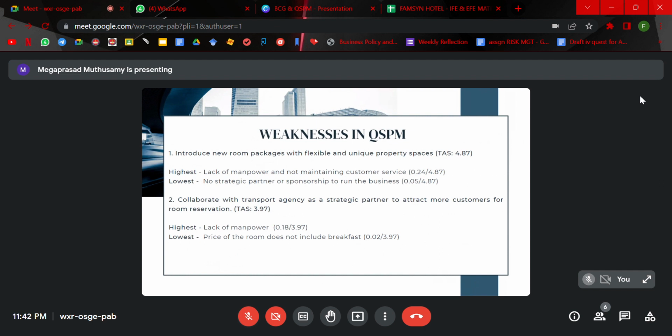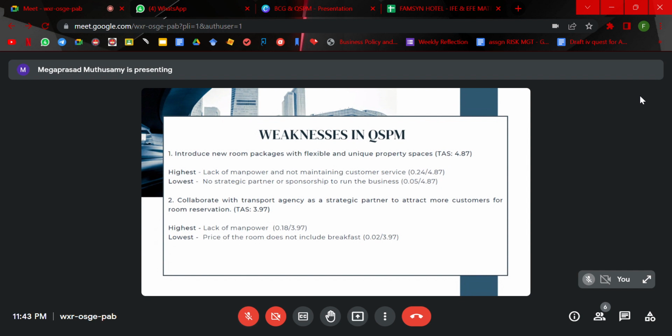And for collaborating with transport agency, the highest score is lack of manpower, which is 0.18 over 3.97, and the lowest score is the price of the room that does not include breakfast, with a value of 0.02 over 3.97.